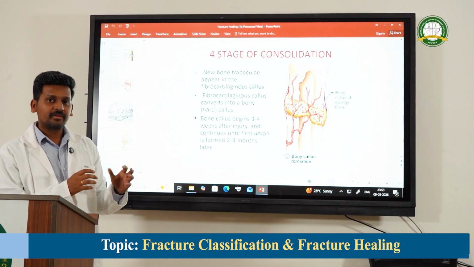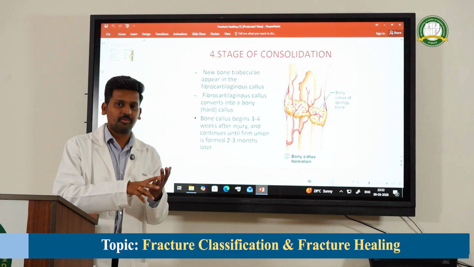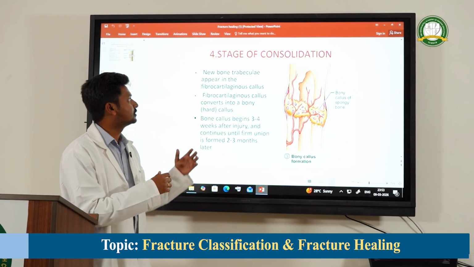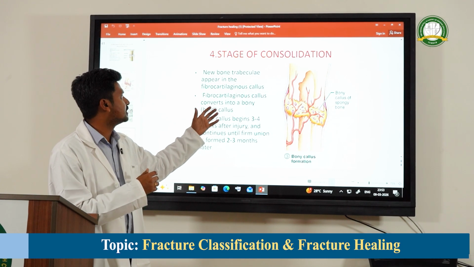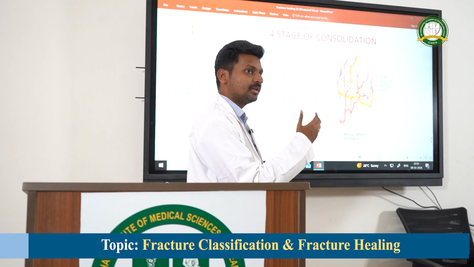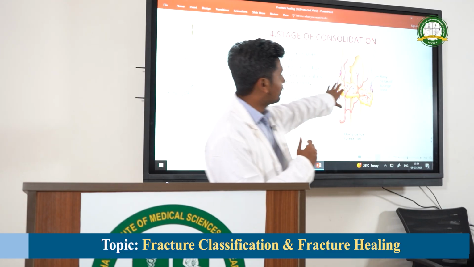So in stage 4, now the stage is set. There was hematoma formation, then new bone formation, angiogenesis, and everything is done. So it has to become stronger now. The next stage is consolidation. Trabeculae are formed in the normal bone, and this has to be formed again in the fracture site.